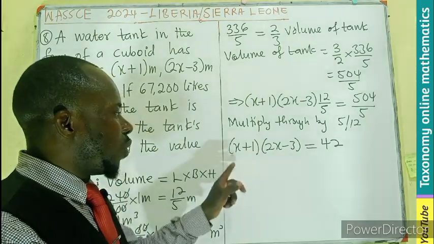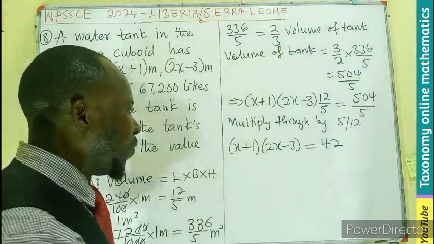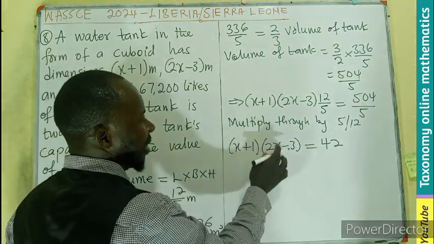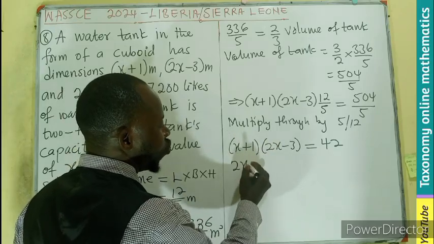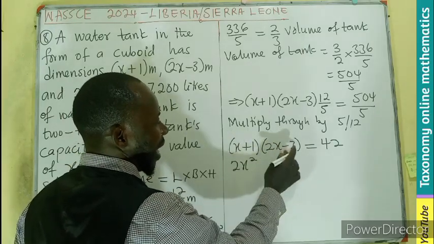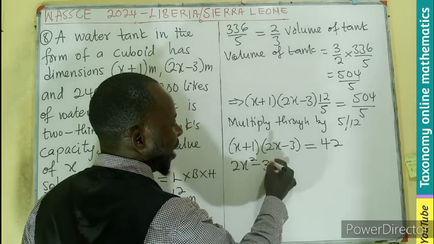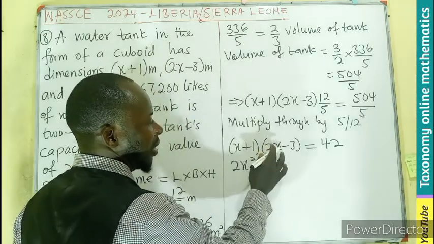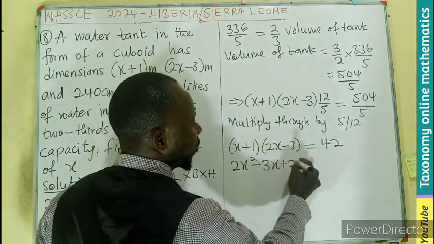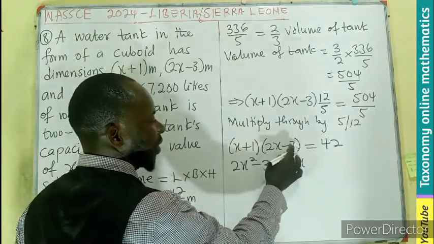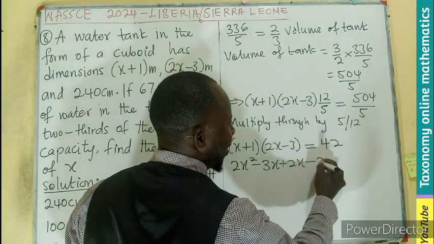Now, what do we do? We are going to expand. If you expand, that will be x times 2x, that will be 2x squared, x times minus 3 is minus 3x, 1 times 2x is plus 2x, 1 times minus 3 is minus 3.